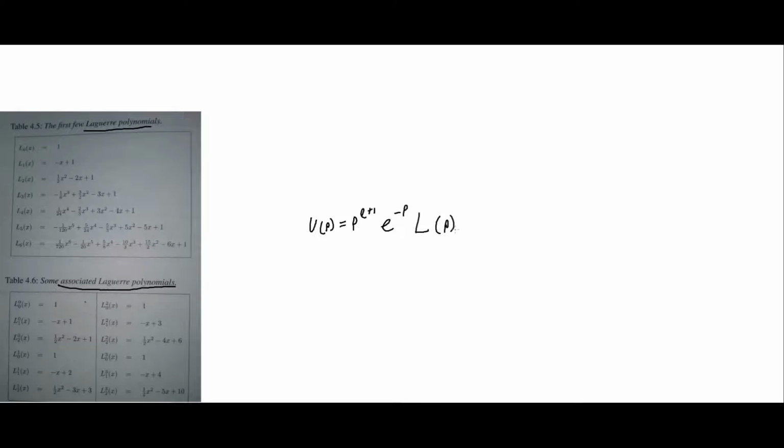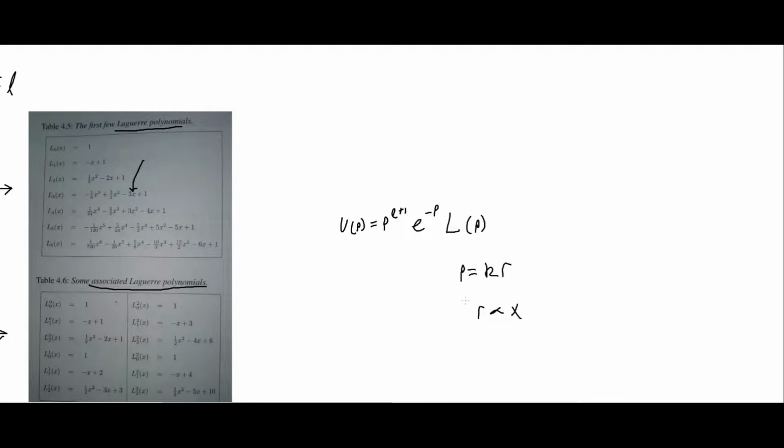And we can put that as a function of rho, which, remember, rho was equal to kr, and our r is sort of our independent variable, so you could even say that r is sort of equivalent to x. And so we see that this is using x in here, but we can see how that is related to our rho, which is the distance from the nucleus of the atom.